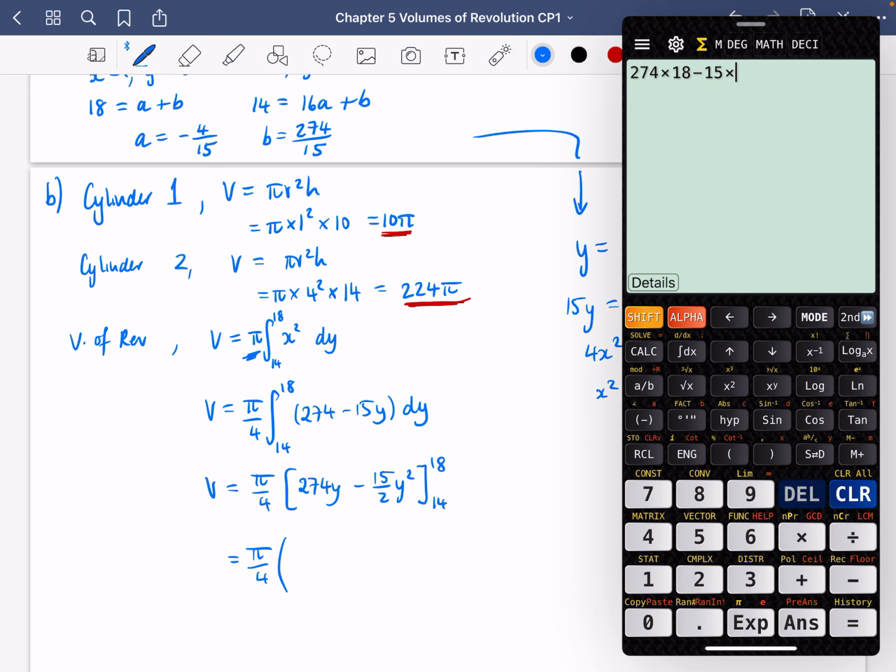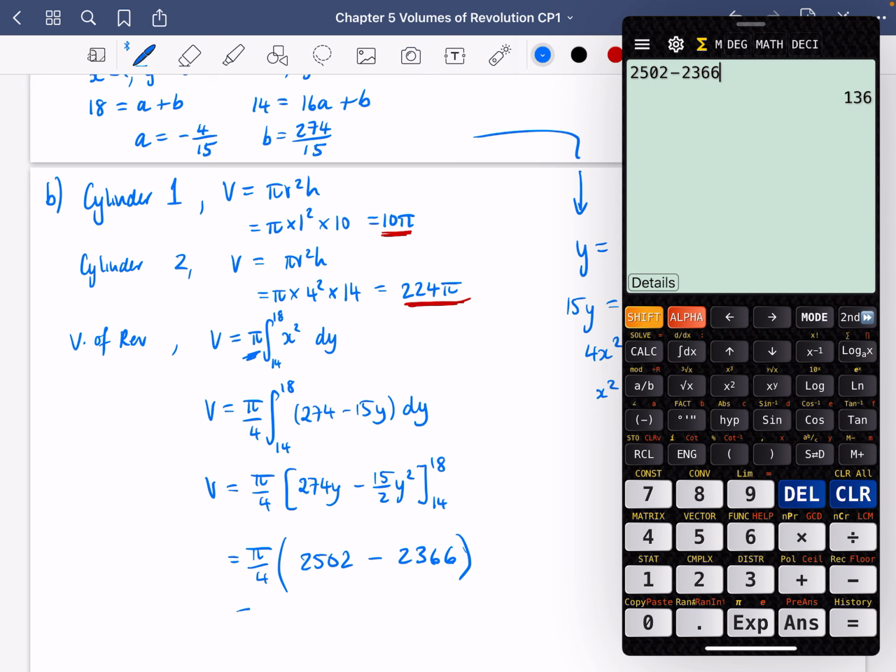I'm going to just write it in the way that I think people would prefer to see this: 15 over 2 times 18 squared, which is 2502. And now I'm going to do the same thing, but instead of 18s, I'm just going to replace them with 14s. So I have a 14 here, and I have 14 here, and I'm going to be minusing 2366. So let's do 2502 minus 2366.